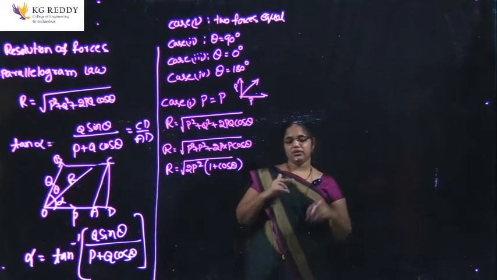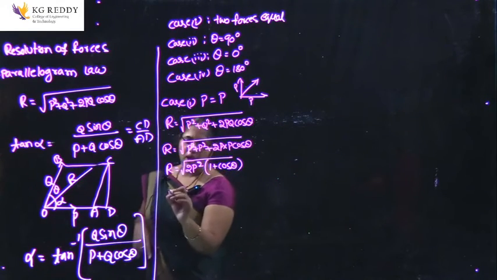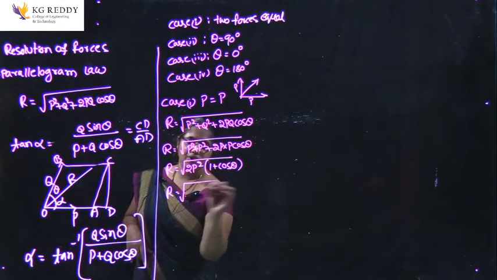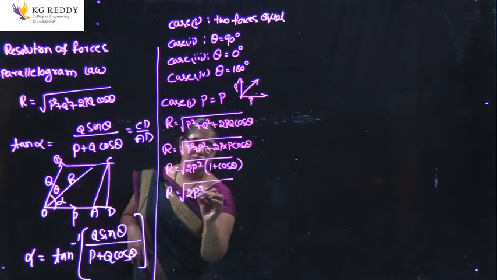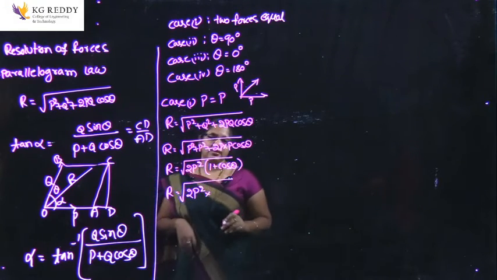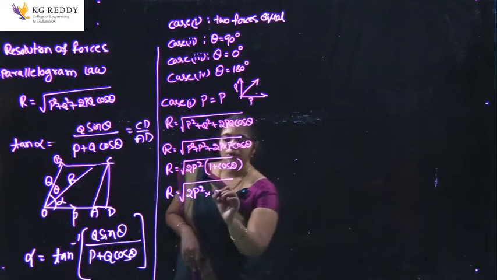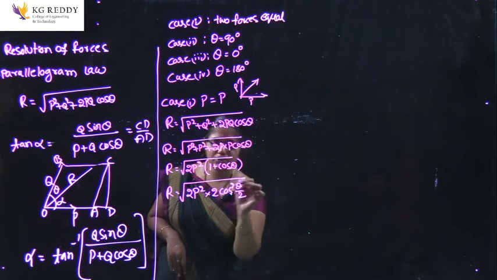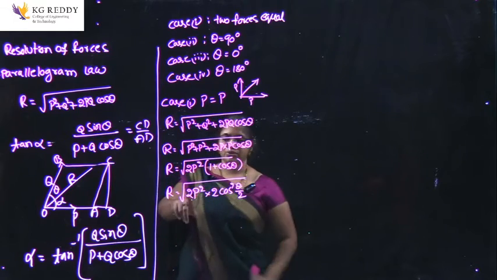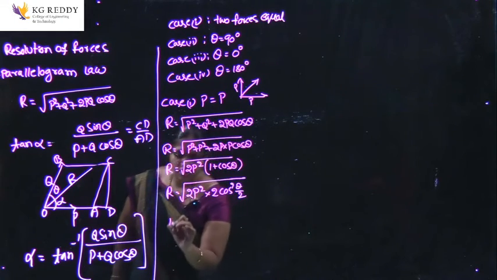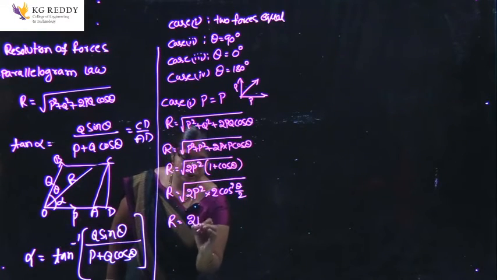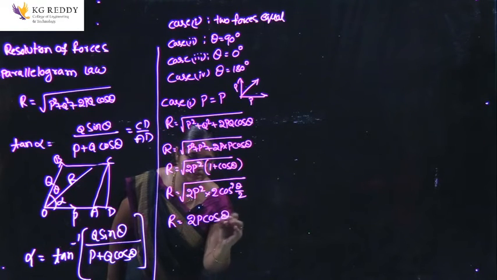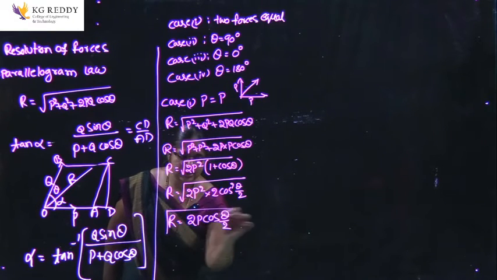Let us recall trigonometry. Here R equals under root of 2P square into, I write 1 plus cos theta as 2 cos square theta by 2. So the 2 will get cancelled, leaving 2 square P square, and outside we can write R equals 2P cos theta by 2. So, this is the resultant value.